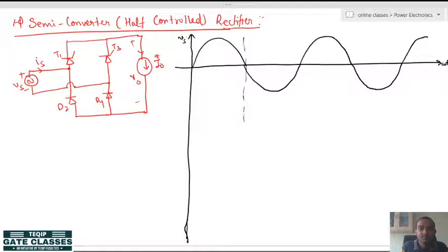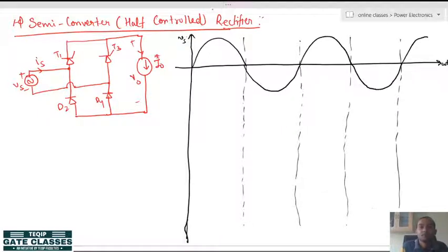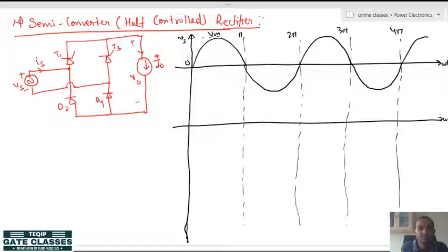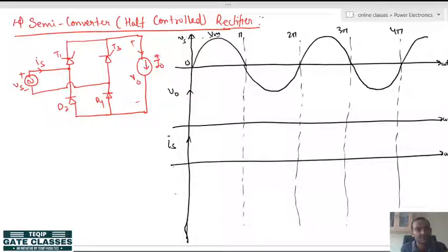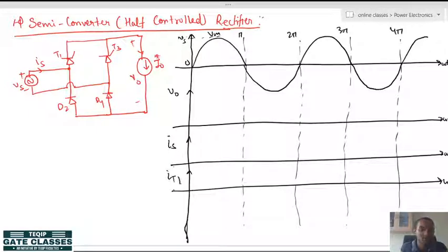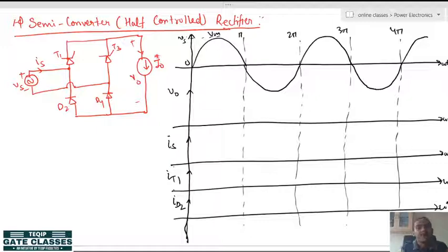Let us mark the instants: 0, pi, 2 pi, 3 pi, 4 pi and so on. Now we have to draw the output voltage, the source current, and two switch currents: the thyristor T1 current IT1 and the diode current ID2.